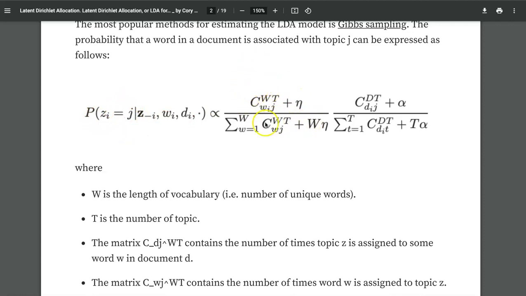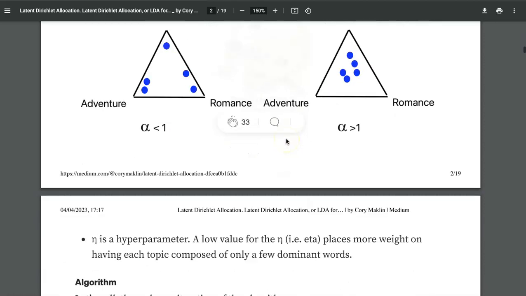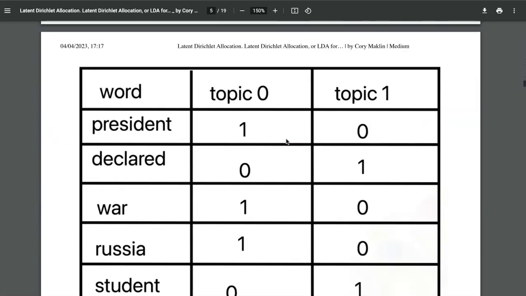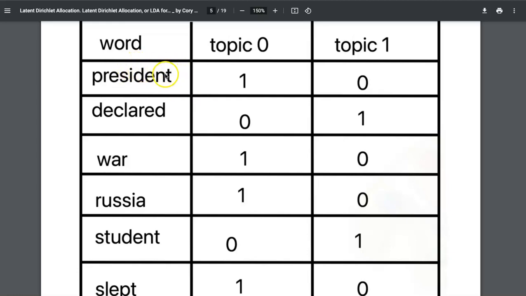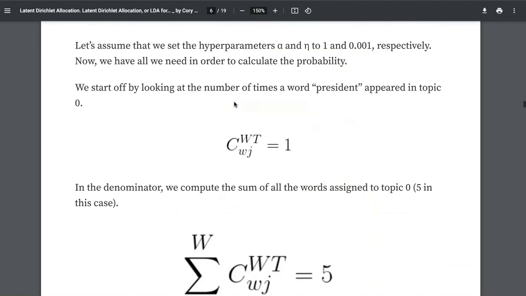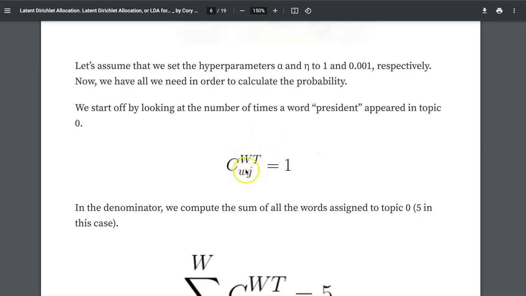As per the formula, j is 0 here. For the word precedent, what is the count in the word topic matrix for topic 0? Then you need to regularize using the whole sum. In the matrix, the count for precedent in topic 0 is 1, so the numerator in the first part of the expression is 1.